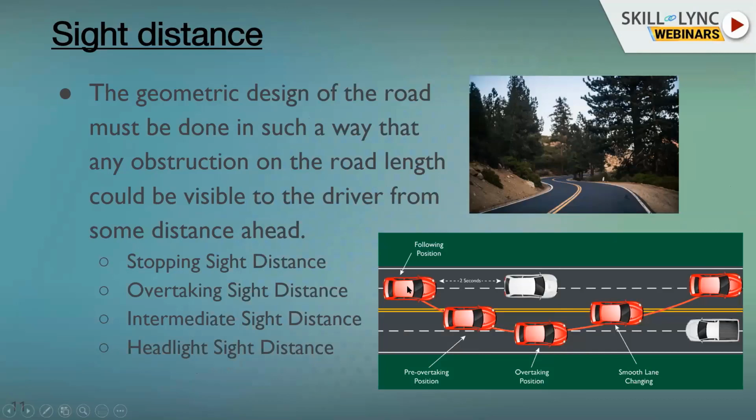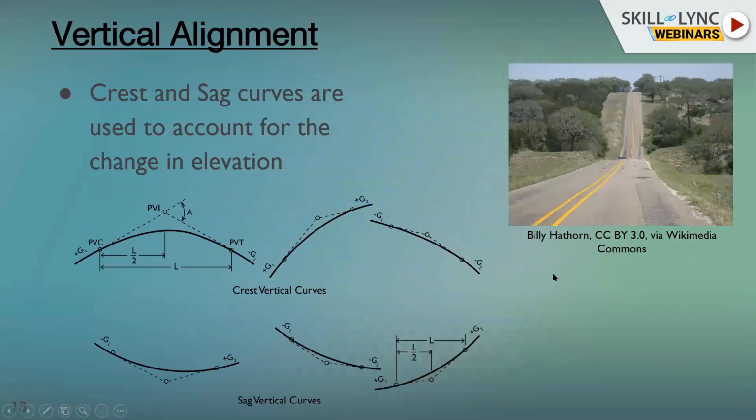And you also have to address overtaking sight distance at certain locations. You might not be able to give the overtaking sight distance at all points, because it is like 1 kilometer, or it varies from even 700 meters, 600 meters. So normally we provide these overtaking zones on the tangents, particularly on locations where you see a straight line.